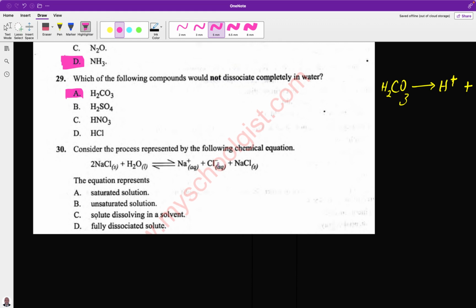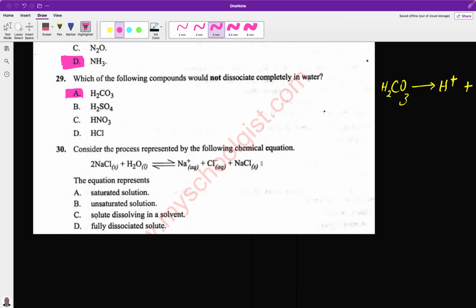Part of it dissolves and some is still left. In that case, this is like a saturated solution. Such a solution, where not all the solid is dissolved in the solvent, is a saturated solution.